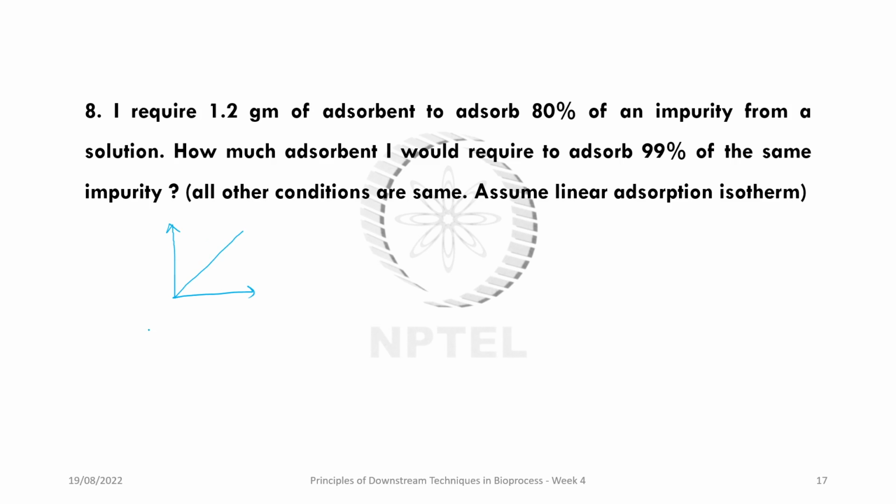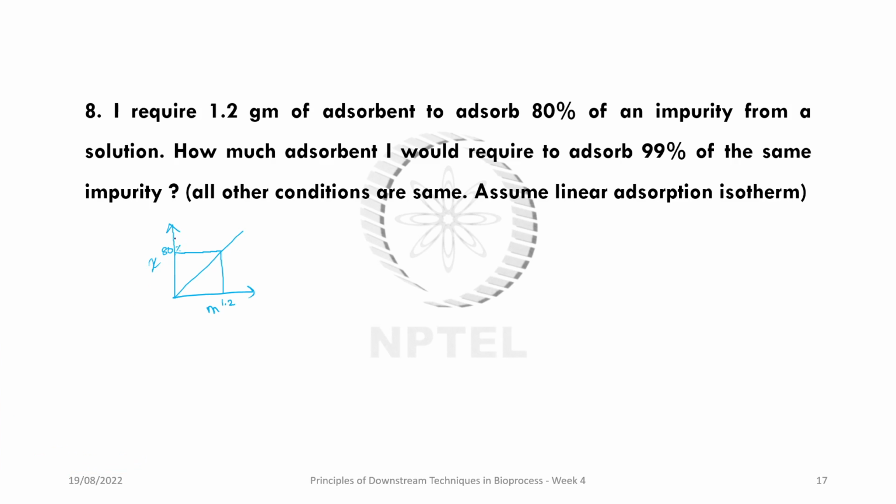So you're having a linear adsorption isotherm. Let's say we have here adsorbent and adsorbate. So you have the value that you require 1.2 grams to take out 80% of adsorbate.